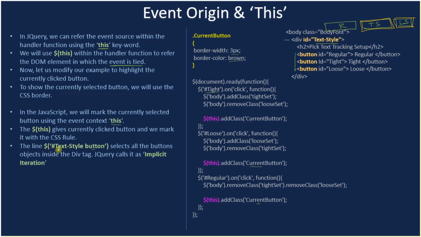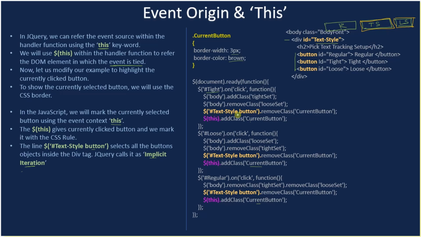So the line $hash text style button selects all the button objects inside the div tag. jQuery calls it implicit iteration, right? That means it will iterate through all the elements, select all the buttons and keep them as an array. That's what this $text style button will return.